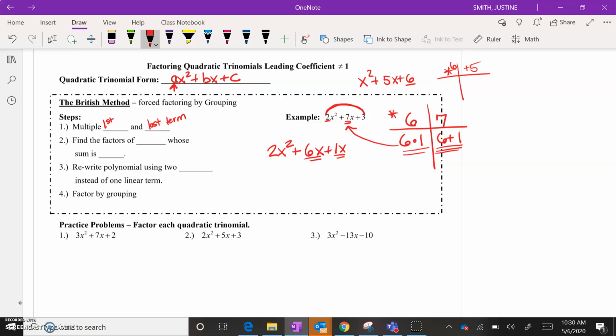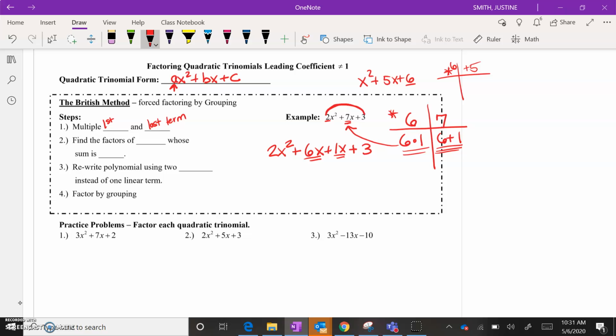So I'm just rewriting this. I'm not changing it. And then plus 3. Okay, so again, what I did is I took the first and the last term and I multiplied them to get 6. So I now need to find what multiplies to 6 and still adds to the middle term.